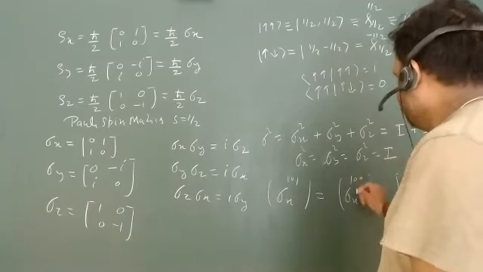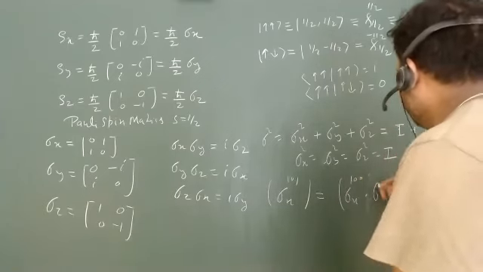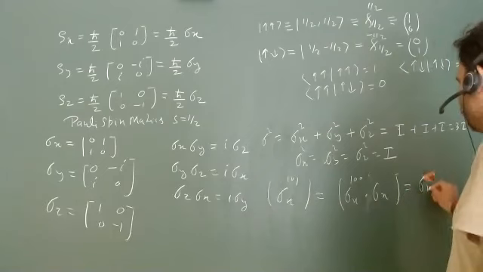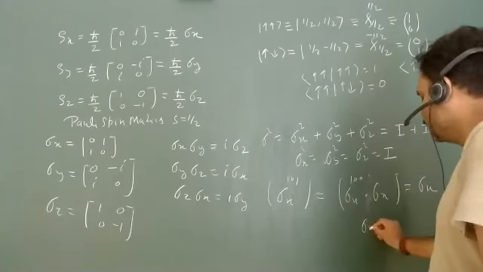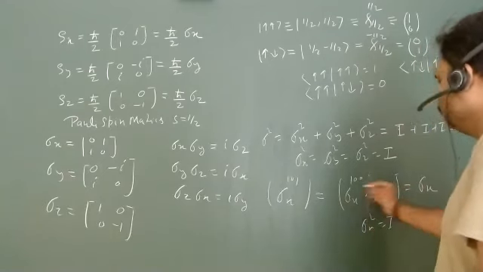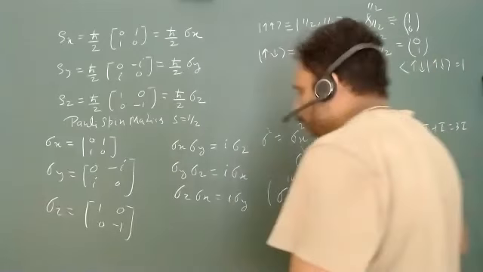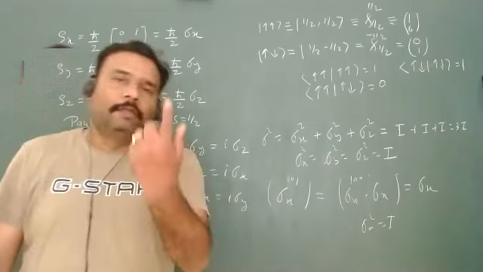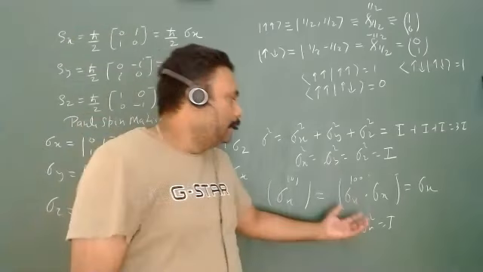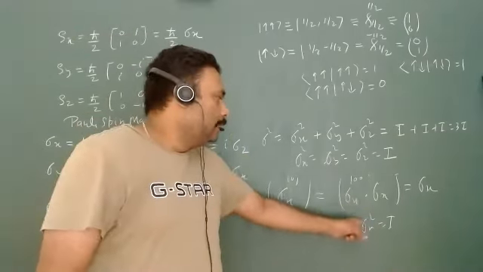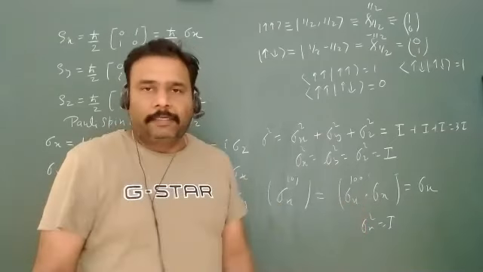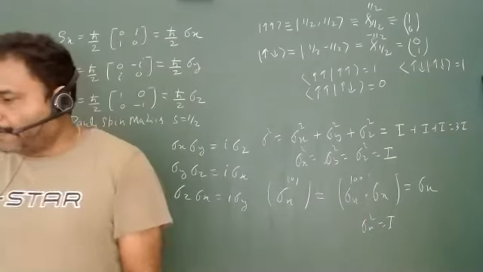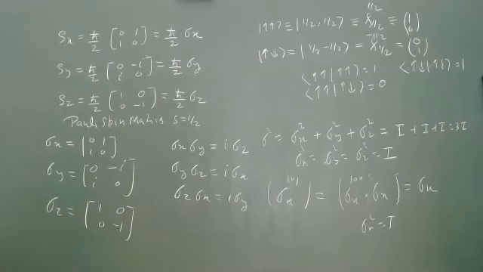And what will be sigma x to the power 100? It is I, so the value is sigma x. Because sigma x square is equal to I, you break it into two forms. Sigma to the power of any even number is always I, because you can factorize into sigma squares. These are some simple things.